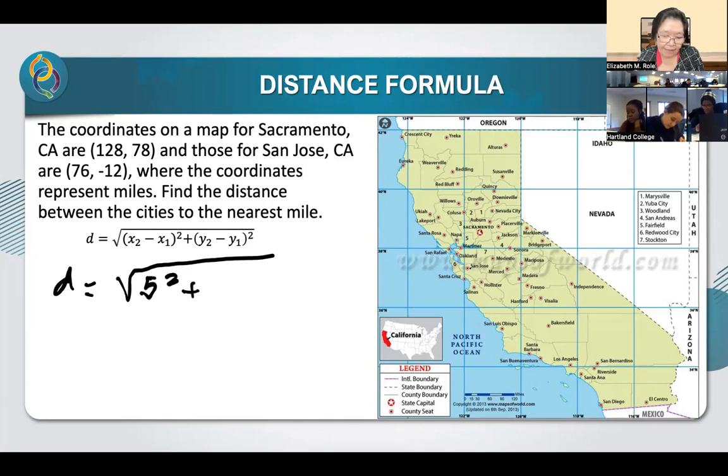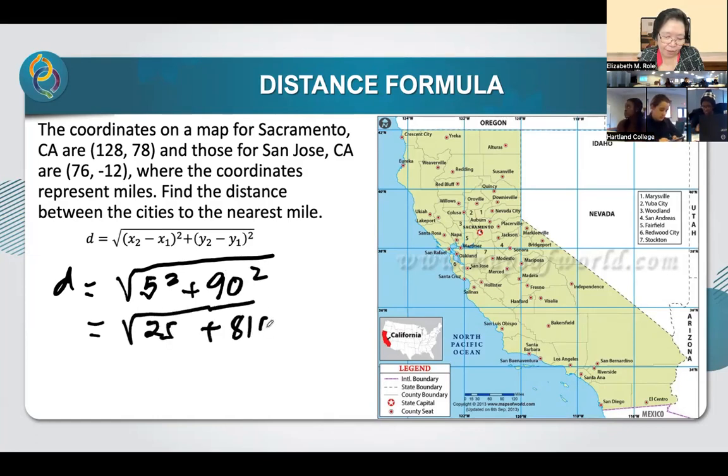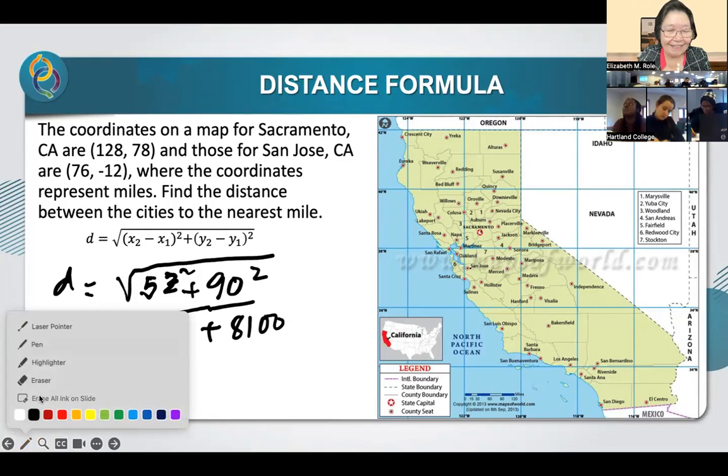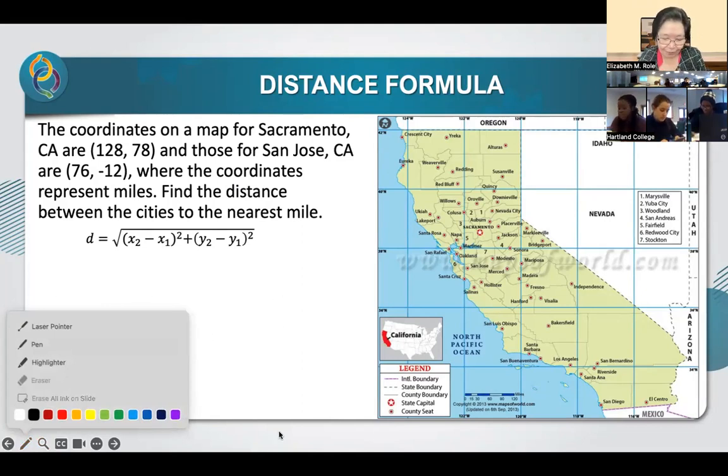Then 78 minus 12. Is that 90? Yes. So the square root of 52 squared plus 90 squared. I'm sorry about that, let me erase it. So that's 52.